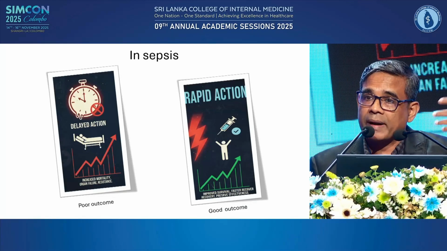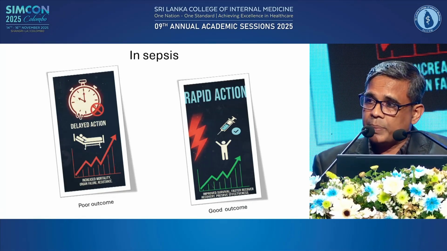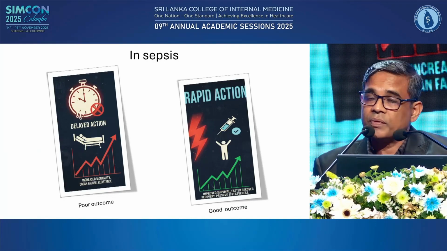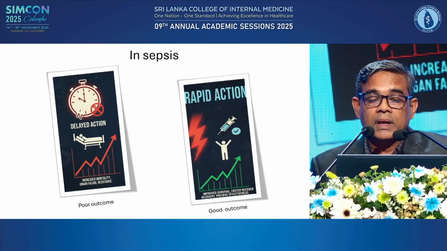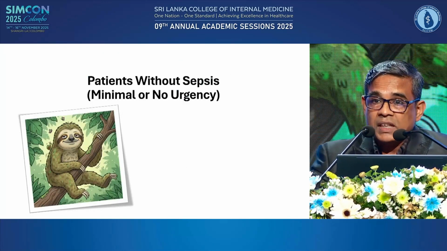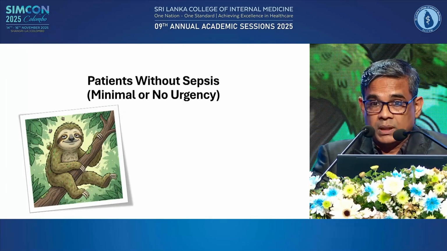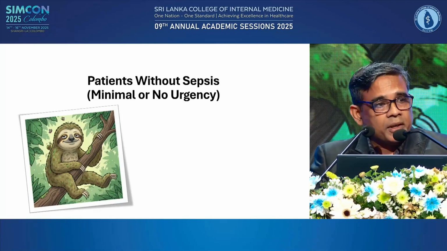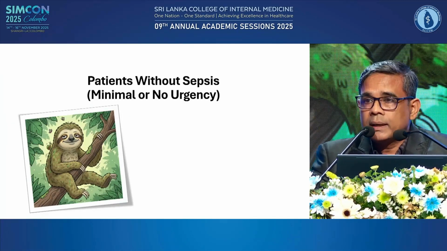If you rapidly institute antimicrobial therapy, initially empiric, later targeted with the input of microbiological information, that will end up in a good outcome. In patients who do not present with sepsis, you have all the time in the world to do the microbiological tests and institute appropriate treatment.